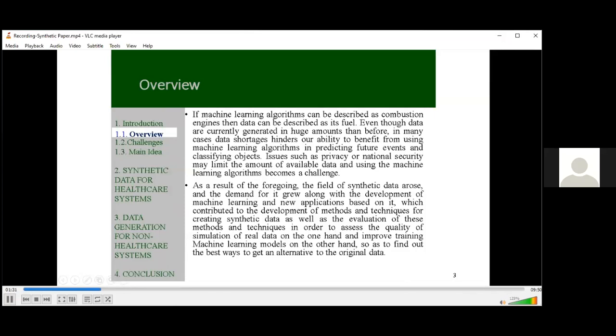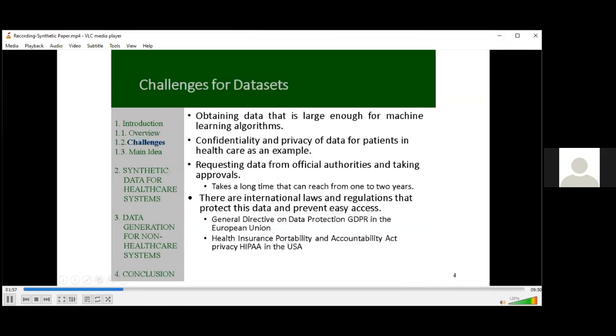This contributes to the development of methods and techniques for creating synthetic data, as well as the evaluation of these methods in order to assess the quality of simulation of real data on the one hand, and improving the training of machine learning models on the other, so as to find the best ways to get an alternative to the original data.